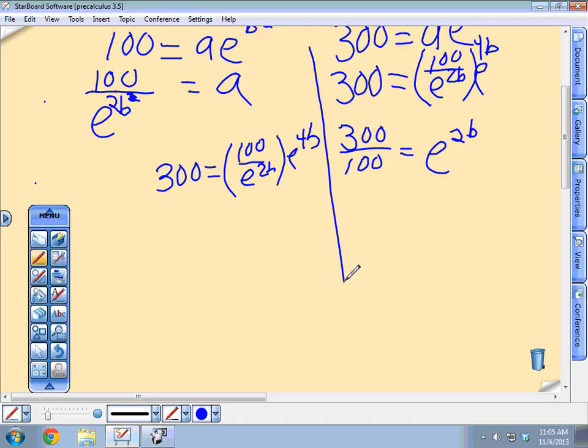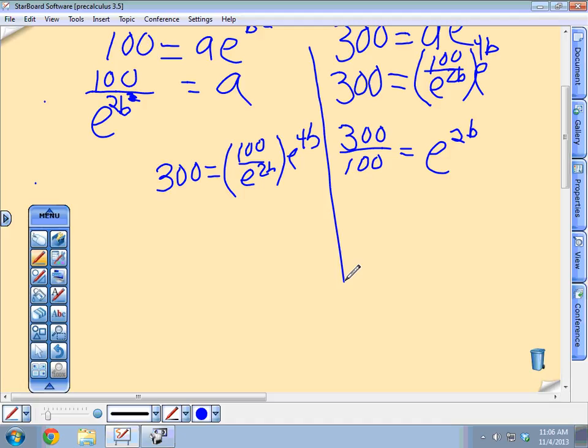Oh, wait a minute. I actually know what happened. It divided, right? When you divide by 100, you have 1 over e to the 2b times e to the 4b.